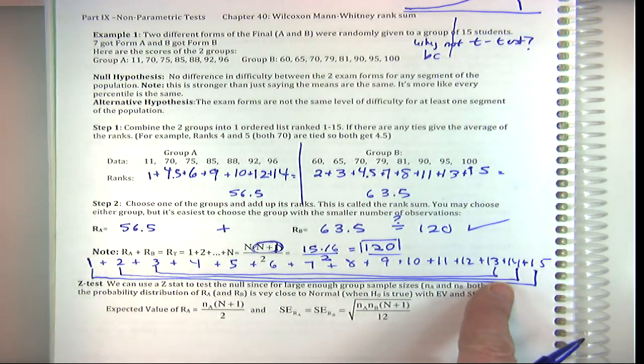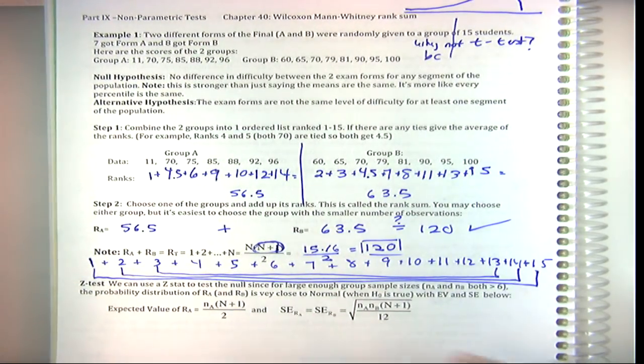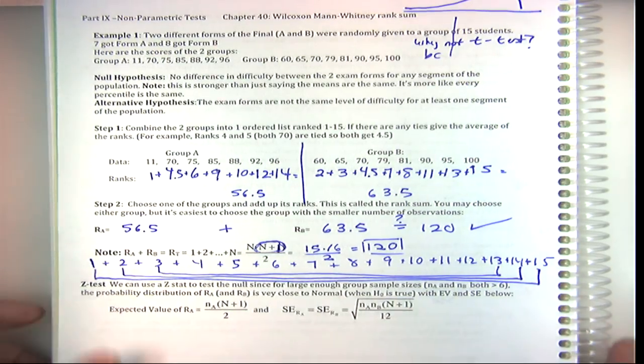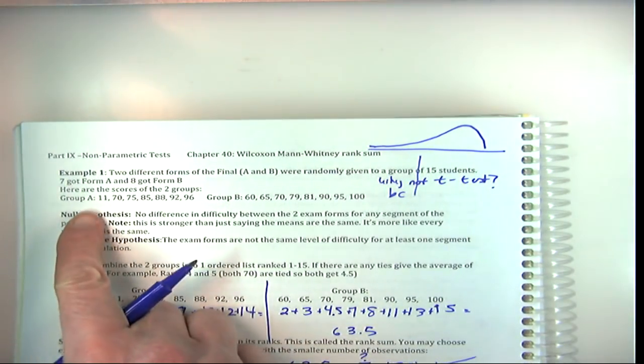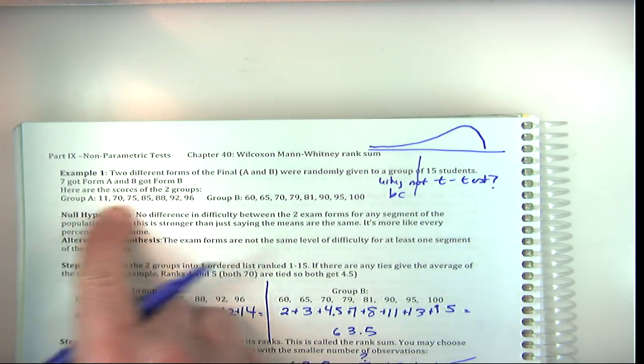And the more even your initial population is, and this is so even, the numbers 1 through 15, the central limit theorem kicks in really quickly, as opposed to when you have a distribution that has really strong outliers.